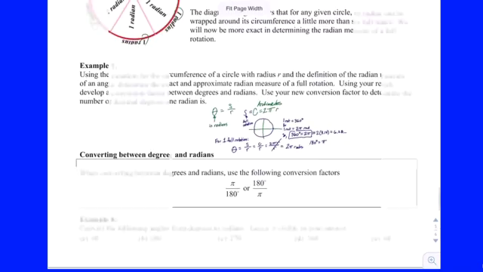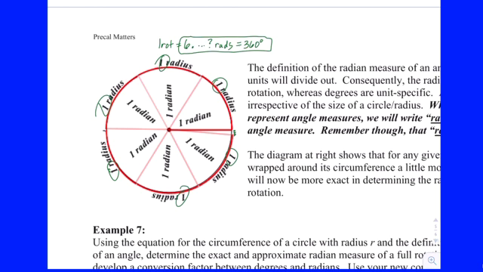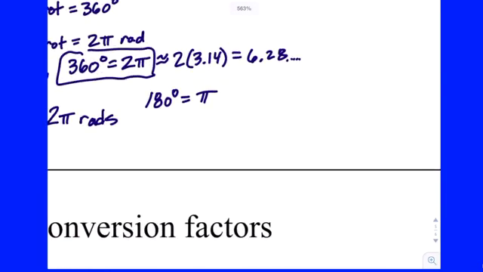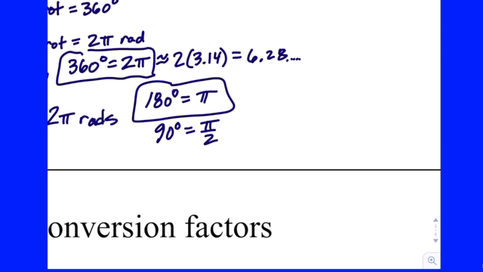If you look at this picture over here, here's 180 degrees. You can go 1 radius, 2 radiuses, 3 radiuses, and then 0.14 of another. So this becomes our conversion factor. You could also divide by 2 again. 90 degrees is equal to pi halves. But that one has a fraction in it.